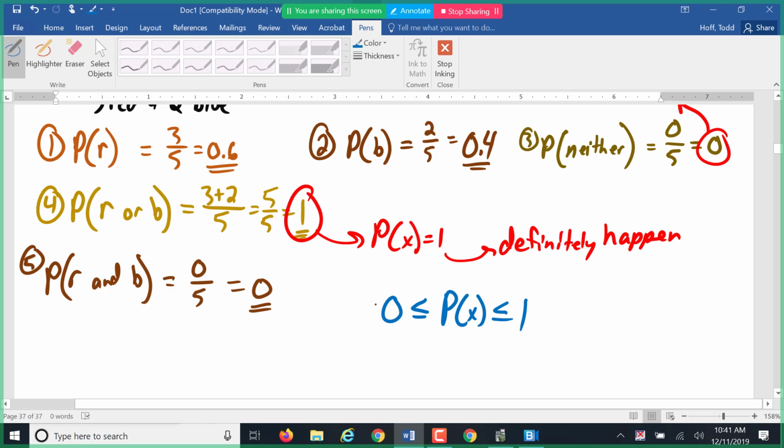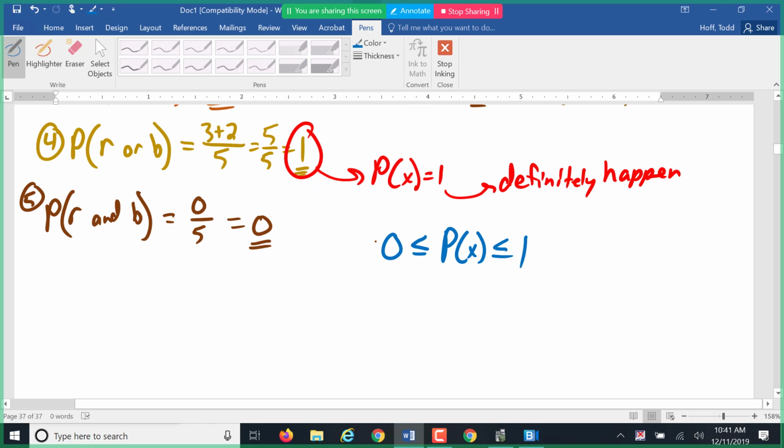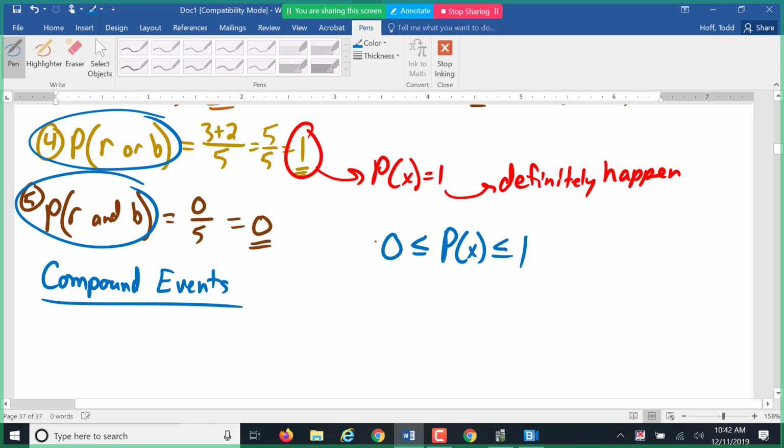Well, these were single events. We reached in, we grabbed 1 marble. We were looking at 1 result. But often we're looking at multiple results happening together. So we're going to talk about compound events. Now it's a little confusing because what we talked about here was still just a single event.